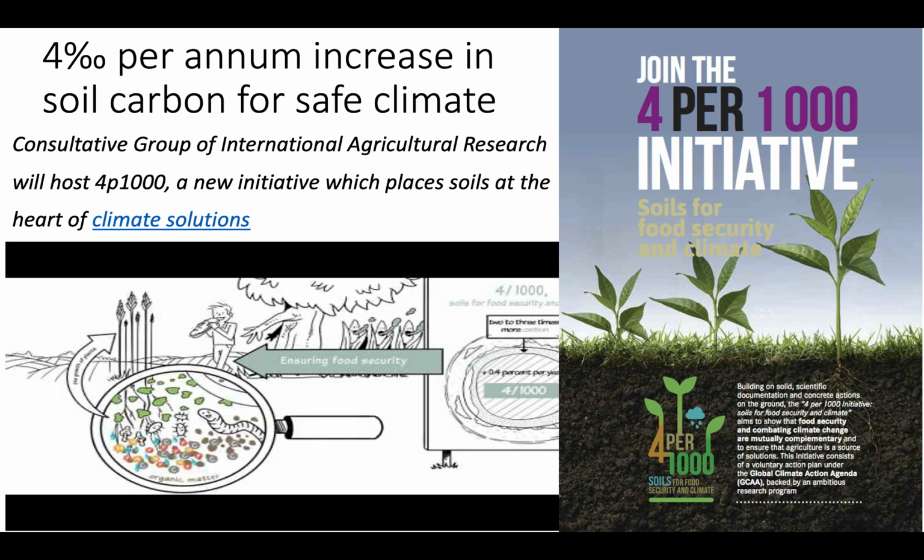So this is an ambitious target that just kind of got soil on the map. There's going to be a lot of discussion next week in Glasgow about what is possible, and could we trade soil carbon, incentivize farmers to build this under cover crop.